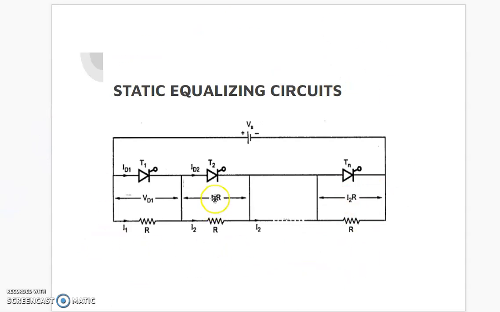Across each SCR that is connected in series, we connect a resistor, so that there will be equal current and equal voltage across the SCRs. The resistors are all of the same value and connected across the SCRs. This circuit is known as the static equalizing circuit, used to provide equal voltage drop across each of the SCRs.